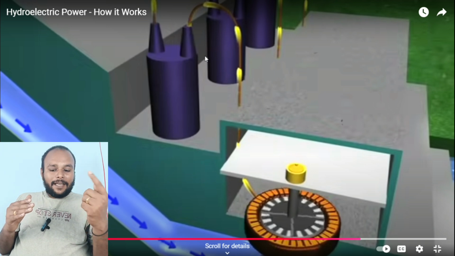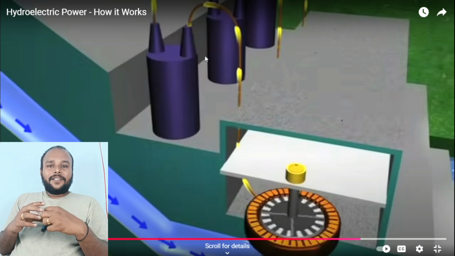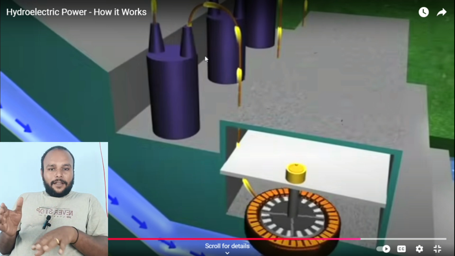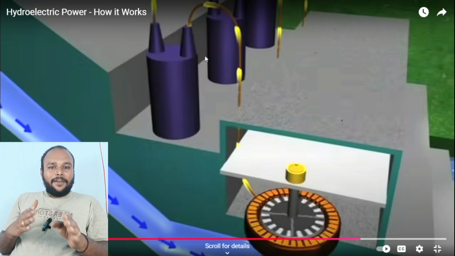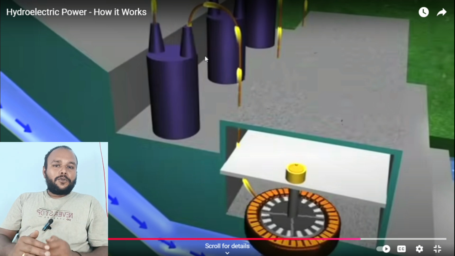It is a salient pole rotor, and the magnetic field is produced by a separate DC excitation. That magnetic field surrounds the pole. When the pole is moving, the magnetic field is also moving, so it becomes a rotating magnetic field and cuts the core windings on the stator. So this is actually the alternator.